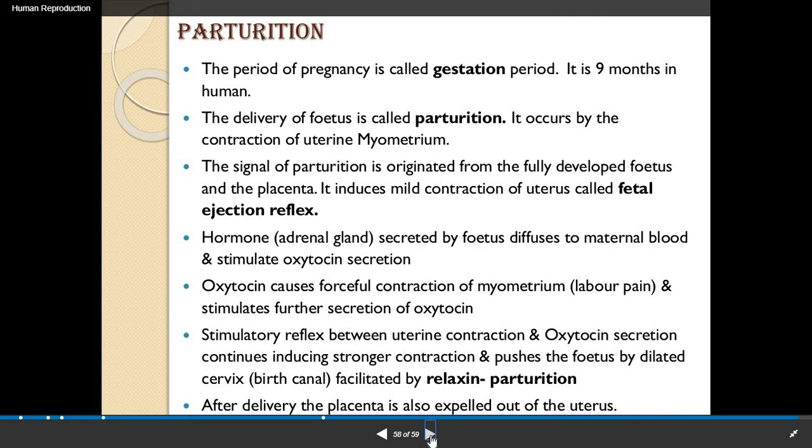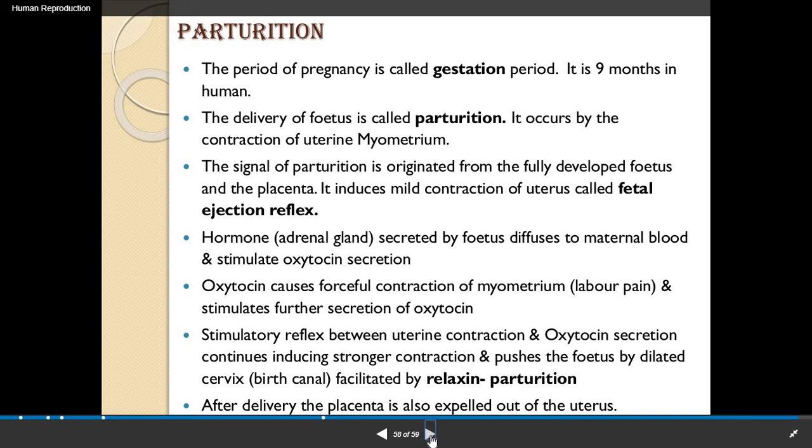The signal for parturition originates from the fully developed fetus and the placenta. It induces mild contraction of the uterus called the fetal ejection reflex. A hormone from the adrenal gland, secreted by the fetus, diffuses to the maternal blood and stimulates oxytocin secretion. Oxytocin causes forceful contraction of the myometrium, also known as labor pain, and stimulates further secretion of oxytocin.